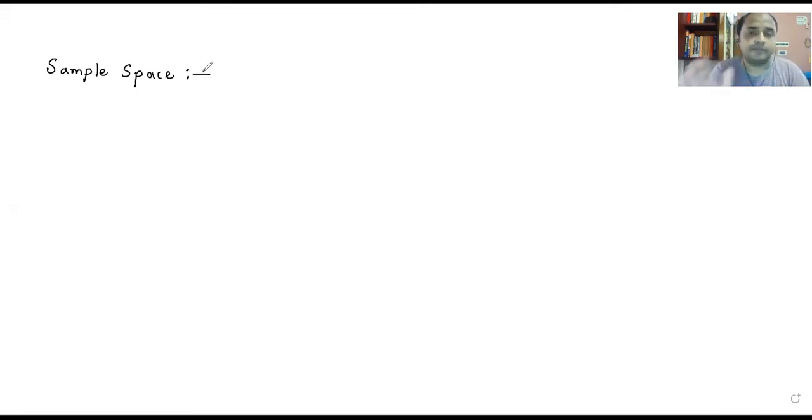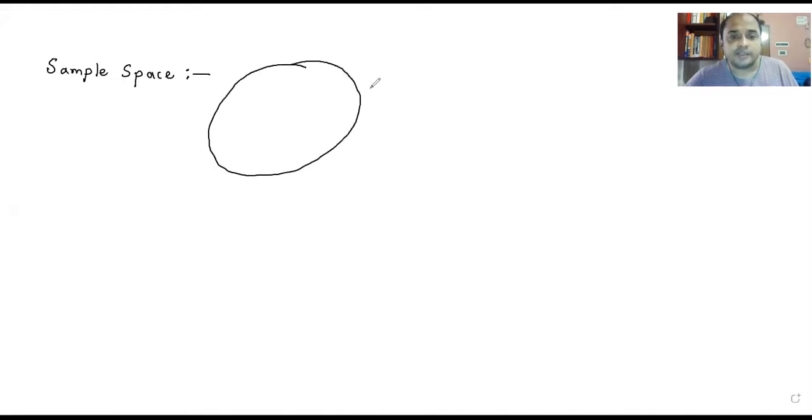Now think of a part of that sample space which defines not rain, but only the humidity of the weather. That part is a subset of the sample space. The sample space is a collection of all possible outcomes, and here it defines raining. Various parameters are there, and if all of them are satisfied, there will be raining.